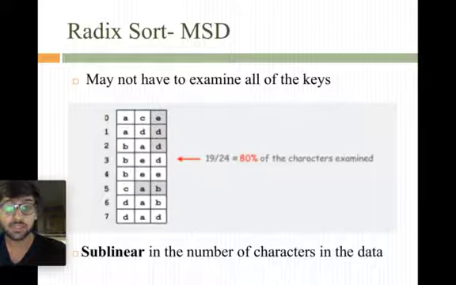Whereas in some cases it is required, but we will still see that a large number of cases are simply eliminated, thus further improving the running time. So we can say that it is sublinear in the number of characters in the data. Sublinear, as in it will be even better than a linear dependency on the number of characters.